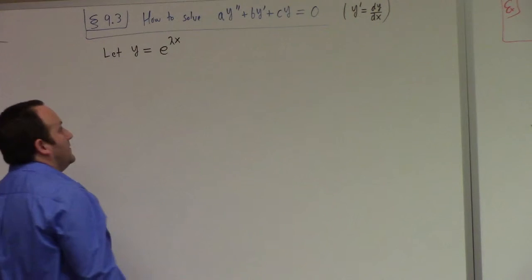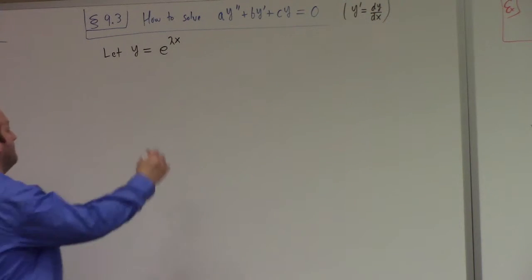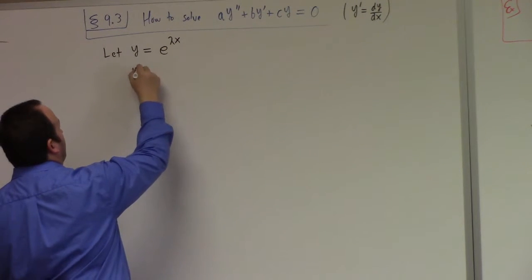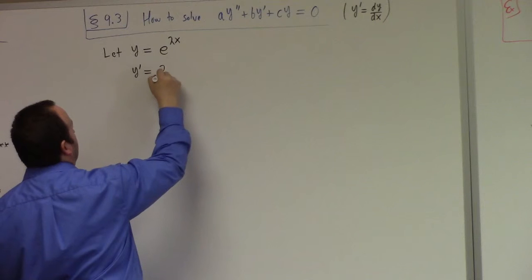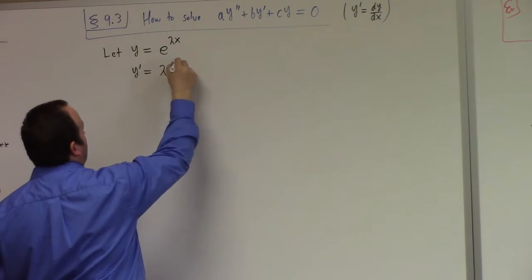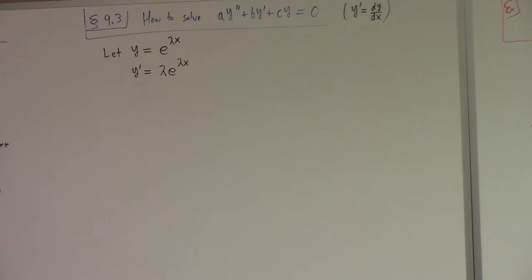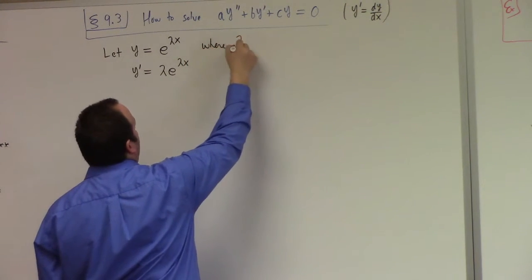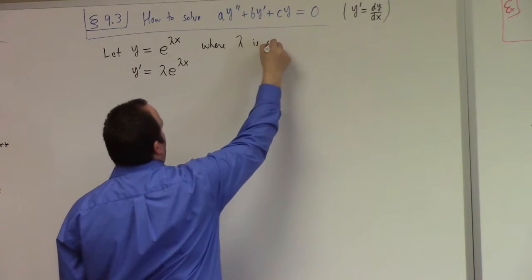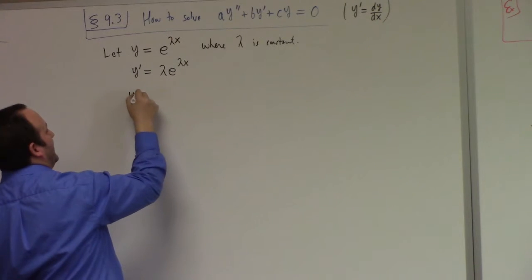So let y equal e to the lambda x. What's y prime equal to? It's lambda e to the lambda x. I'm assuming lambda is a constant. Y prime prime is what?